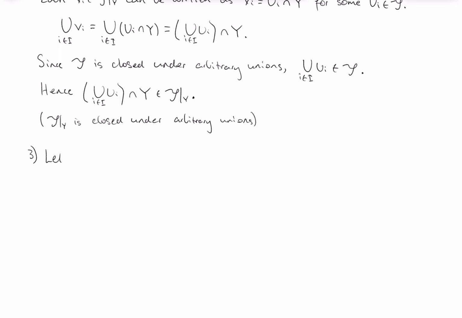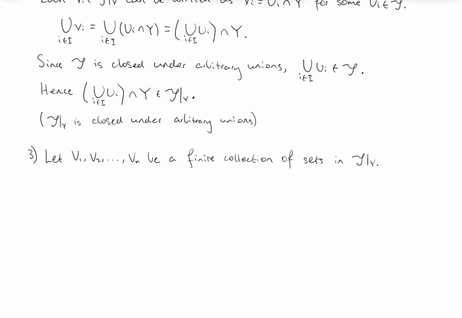So let V1, V2, and then you keep going up to some finite amount n, be a finite collection of sets in the subspace topology. So we want to take the intersection of these, and we want to show that it still remains in the subspace topology.